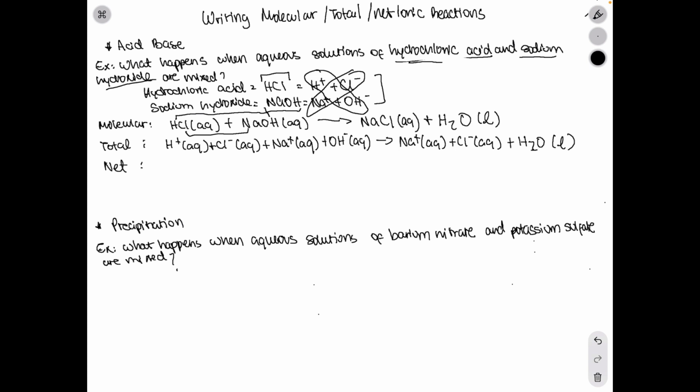They're the same on the product and reactant side, so they subtract each other and should be removed. So we're going to remove Na plus and Cl minus, and we're going to end up with H plus aqueous plus hydroxide aqueous yields H2O.